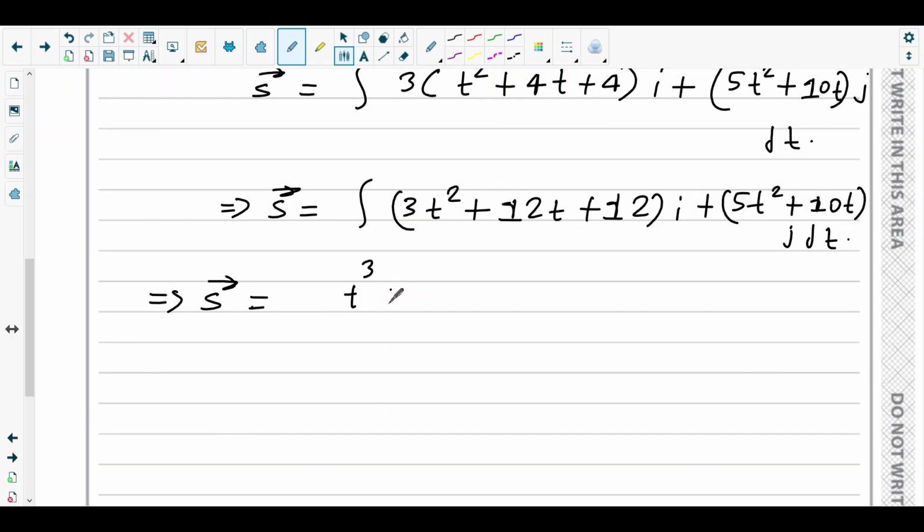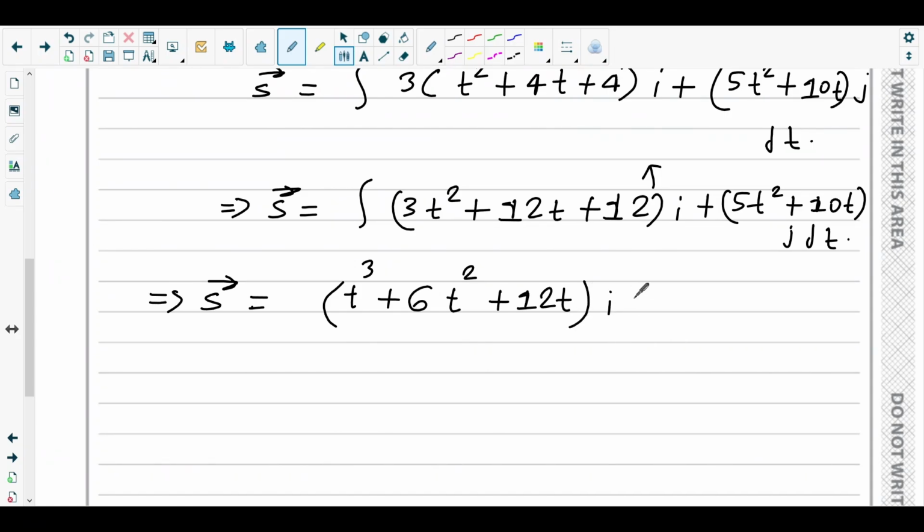The same goes for the second term: it becomes t squared, the power gets added by 1, then we divide the coefficient by the new power, so 12 over 2 is 6. Plus 12t. Here the power of t was 0, so as we add 1 to the power, the t becomes visible.